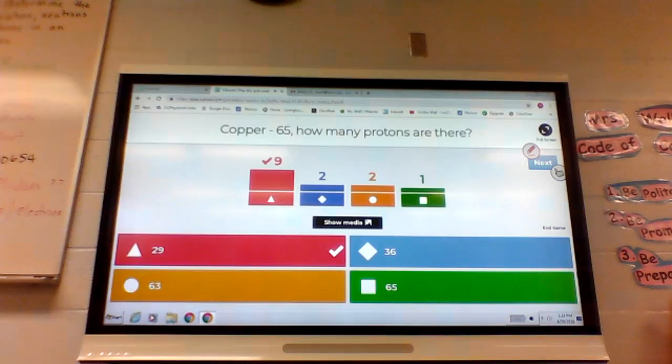All right, the atomic number tells protons, right? So when you look up copper, the atomic number is 29, so there's 29 protons.